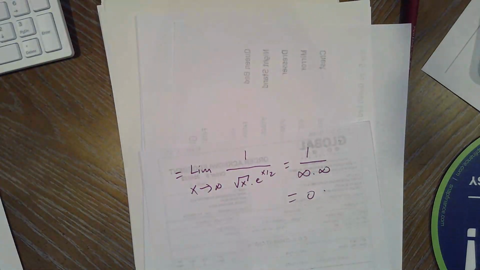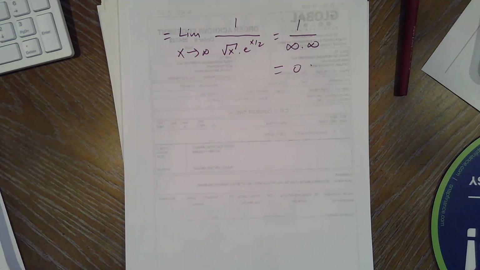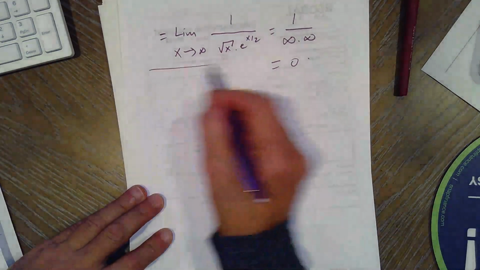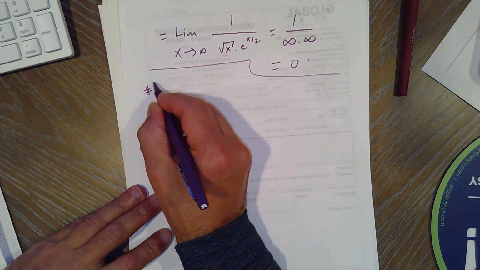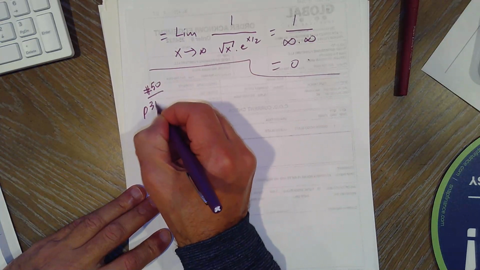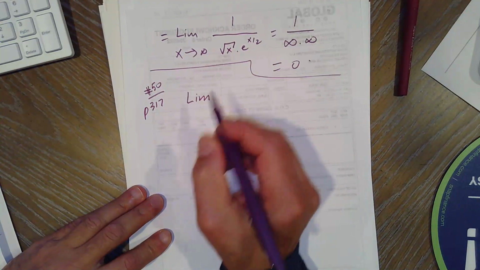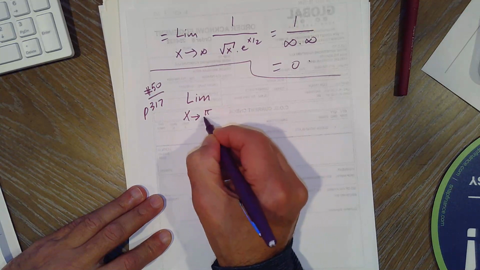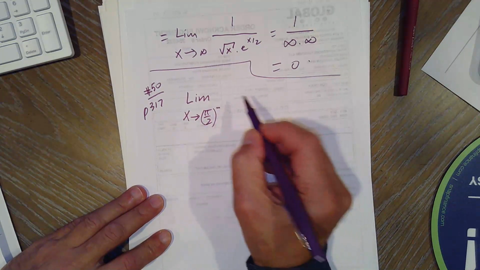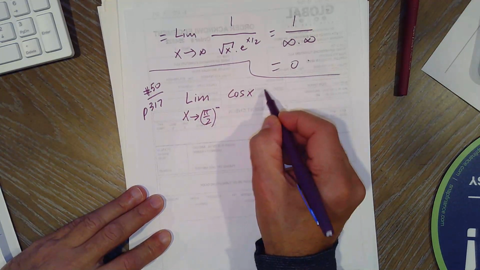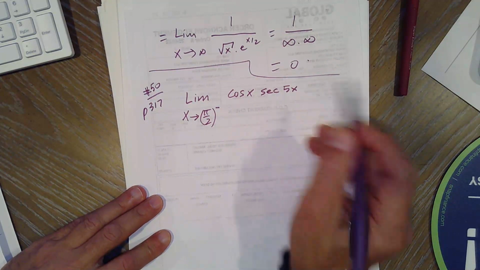And another example, just to demo this, number 50, page 317. The limit as x goes to pi over 2 from the left of cosine x secant 5x.